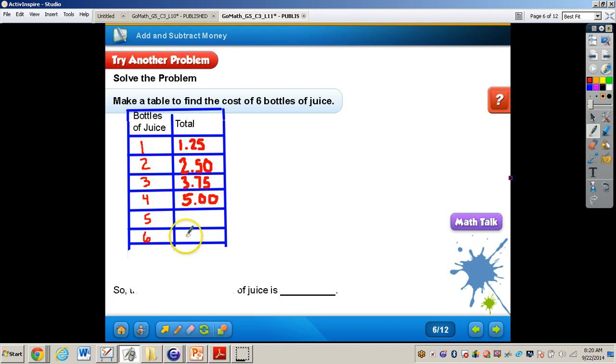And then add another $1.25, $6.25. And then for the sixth one, a total of $7.50. Okay, now moving down to the answer, I have to erase some of this here. So the total of 6 bottles of juice is $7.50.